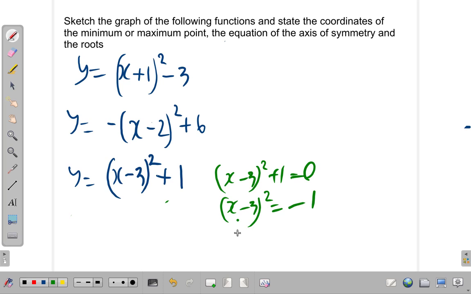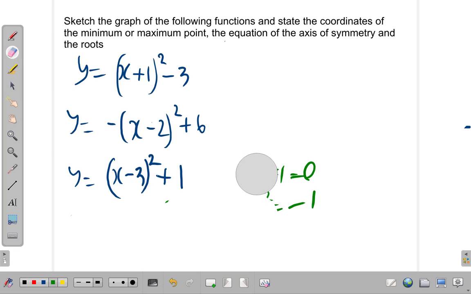Then if we square root both sides, we would be trying to find the square root of -1, and that wouldn't work out, right? That wouldn't work out.